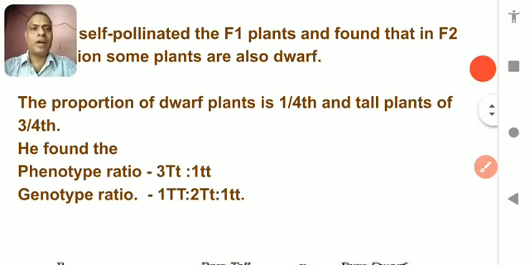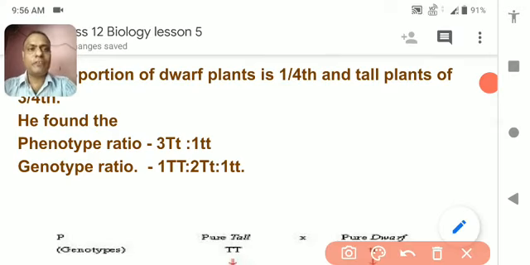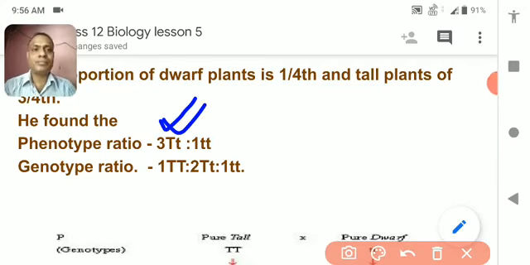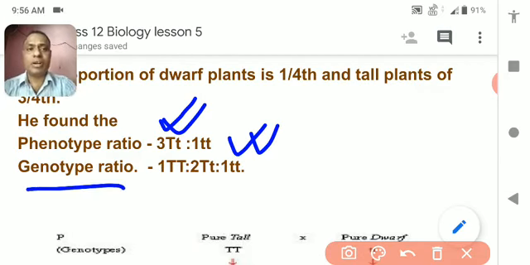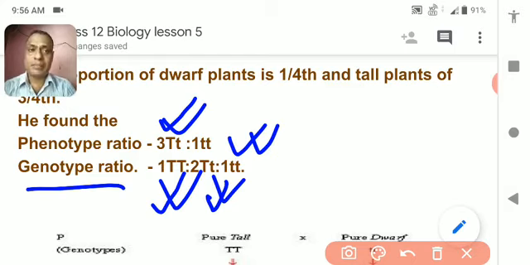So he found 3/4 are tall and 1/4 is dwarf in the F2 generation. And what is the genotype? He got 1 capital T capital T, 2 capital T small t, that is hybrid, and 1 small t small t.